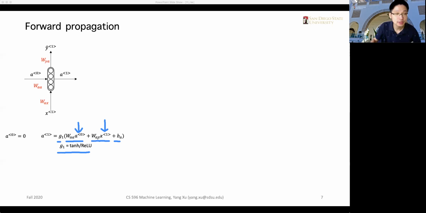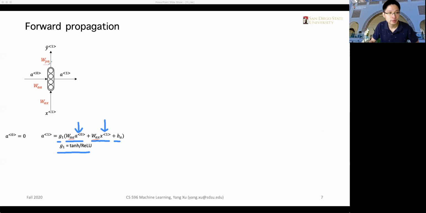Now you see the meanings of the subscripts. The subscript AA means that this parameter WAA is used to compute some new A from some old A. And WAX means that this parameter computes some new A from the current X. So the subscripts have very salient meanings.